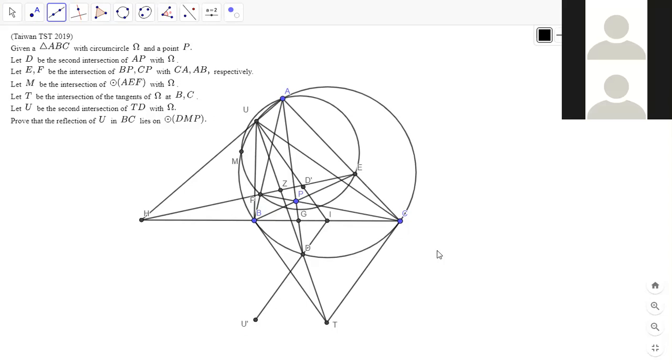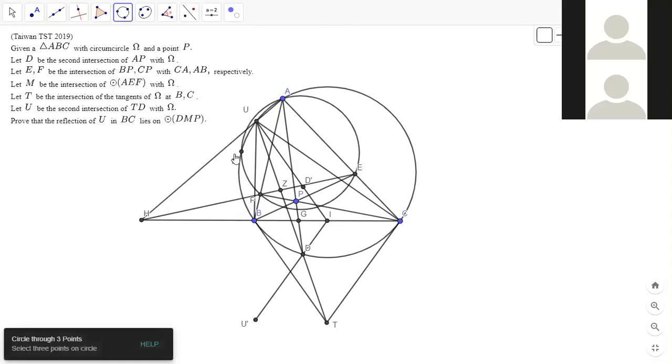Is BMPD cyclic? No, there's no way BMPD is cyclic because BMP and BDP are both acute angles, but maybe BMD prime P is cyclic. Maybe that's what you meant.